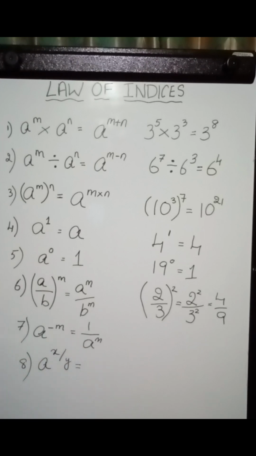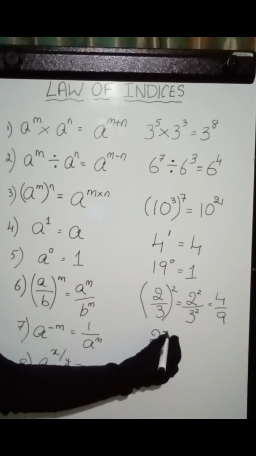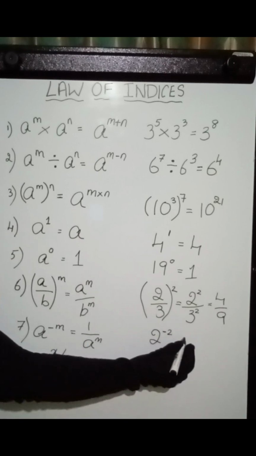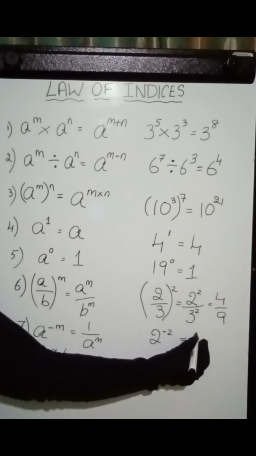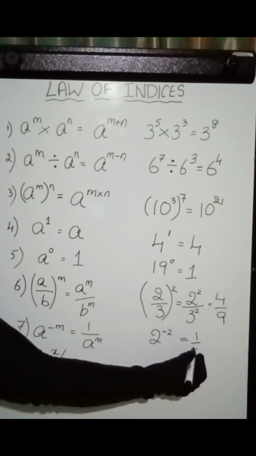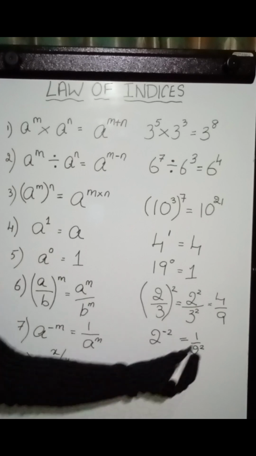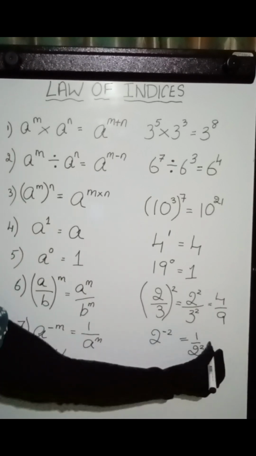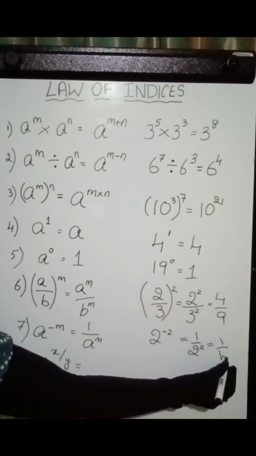For example, if you have 2 to the power of minus 2, in this case, this will be equivalent to 1 by 2 to the power of 2, which is nothing but 1 by 4.